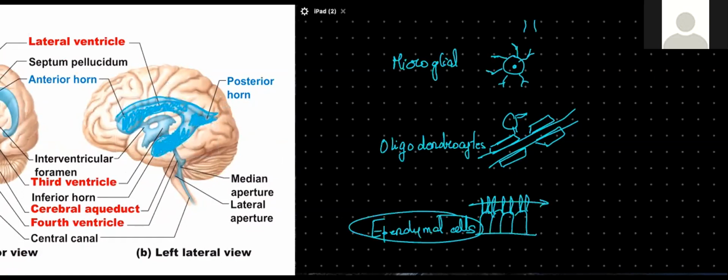So again, each of the 2 lateral ventricles will have 3 horns: anterior, posterior, and inferior.